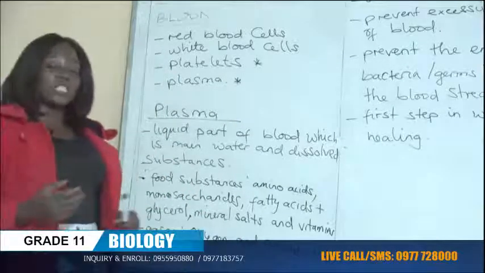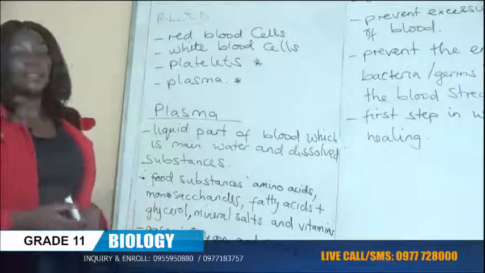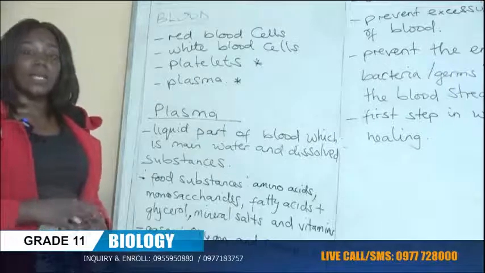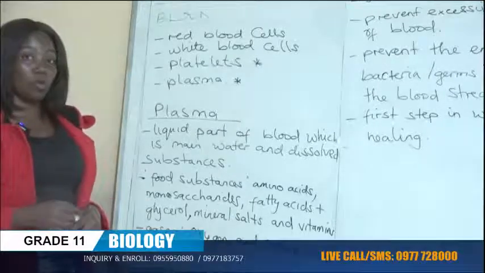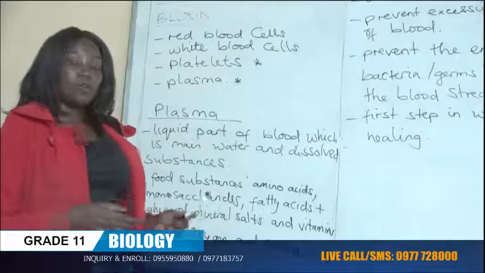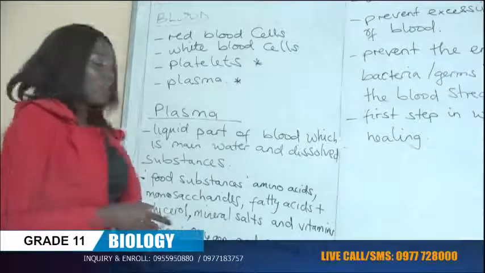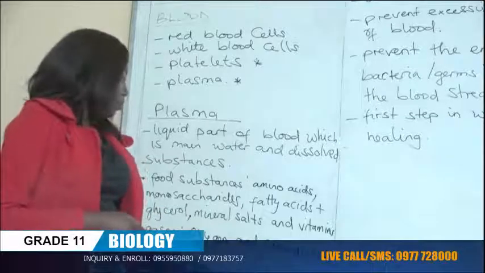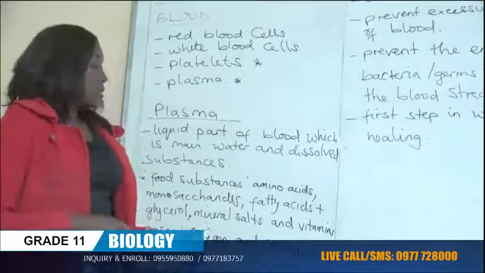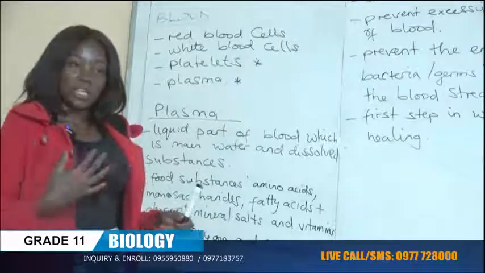Of course, oxygen in the form of oxyhemoglobin, because last time I said that red blood cells contain a red pigment called hemoglobin, which binds to oxygen to form oxyhemoglobin and carry it. So oxygen is carried in the form of oxyhemoglobin by the blood.